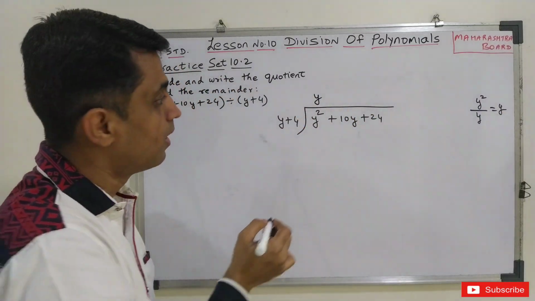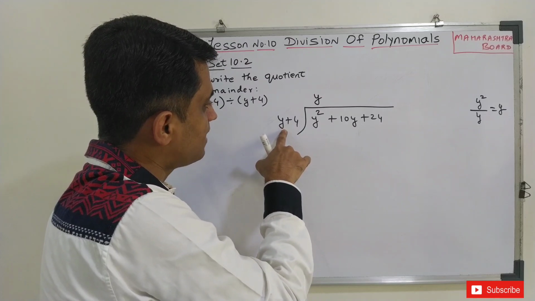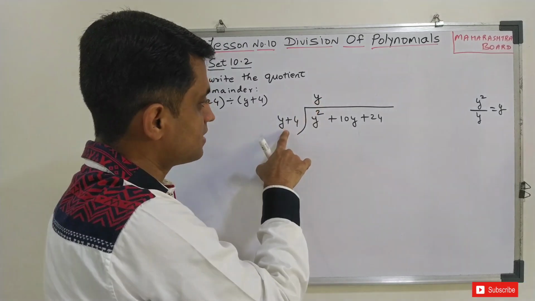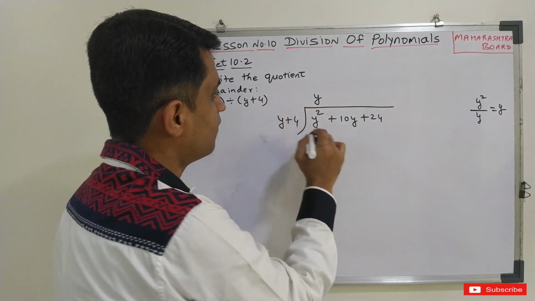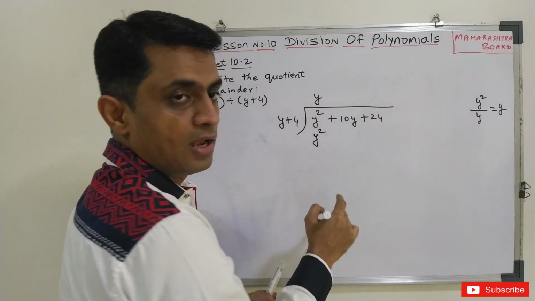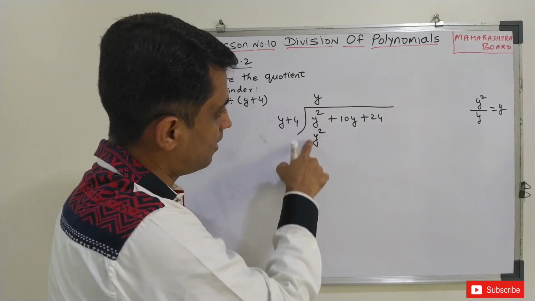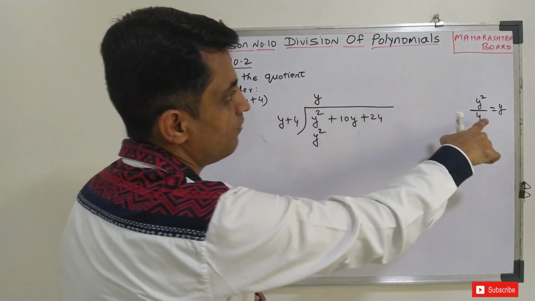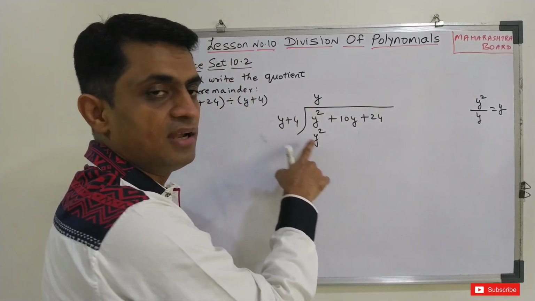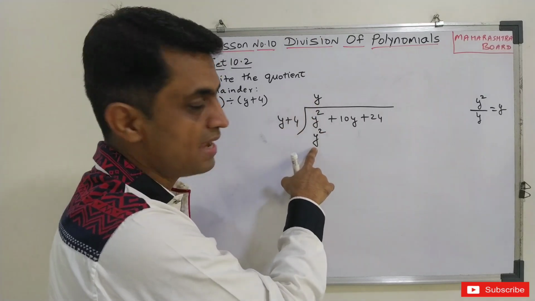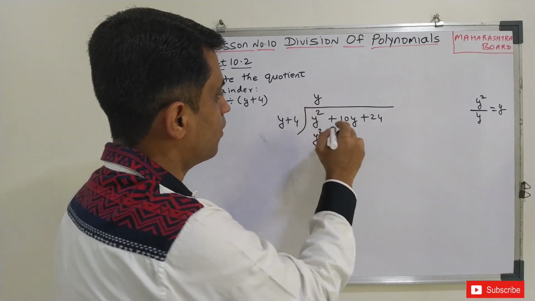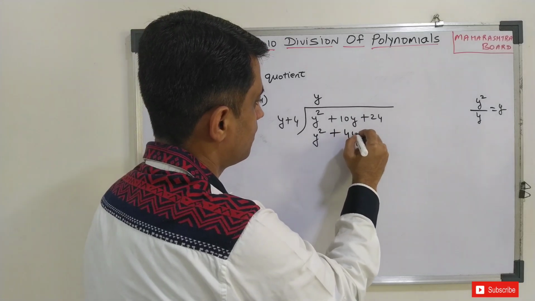Now after this you multiply the divisor into this quotient. So y into y, y square. And always remember the same term will come here, because with whom we are dividing, the same we are multiplying. So y into y, y square. y into 4 is 4y.